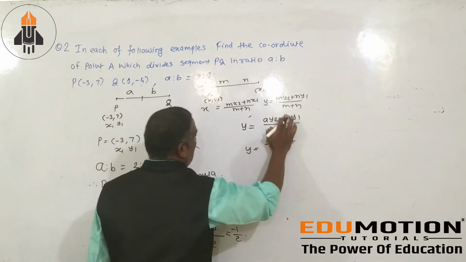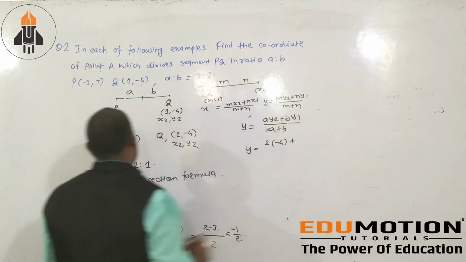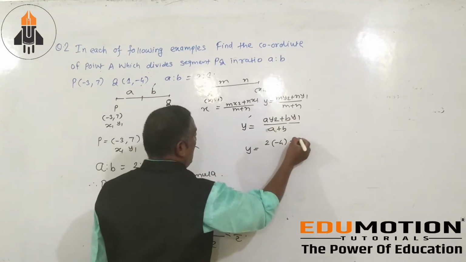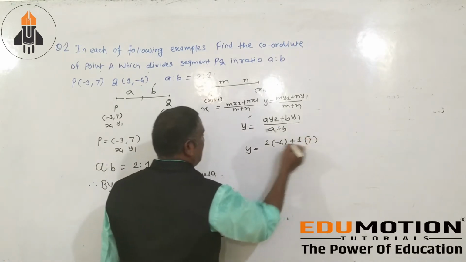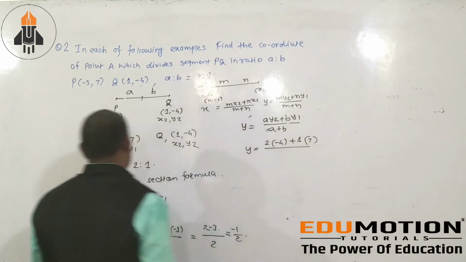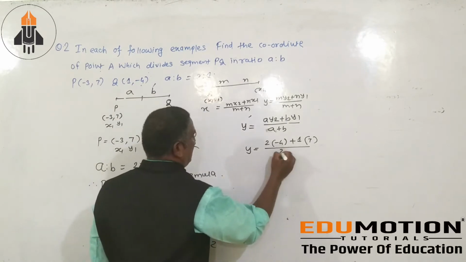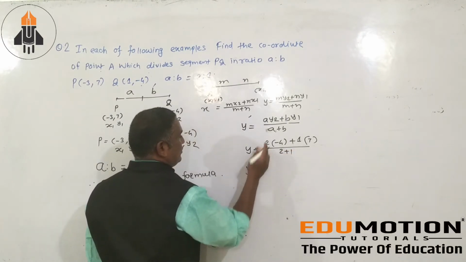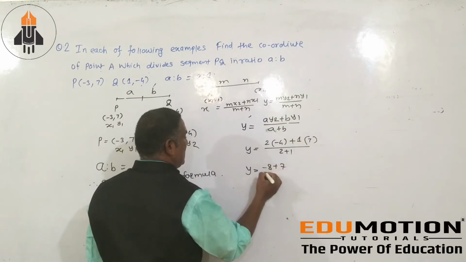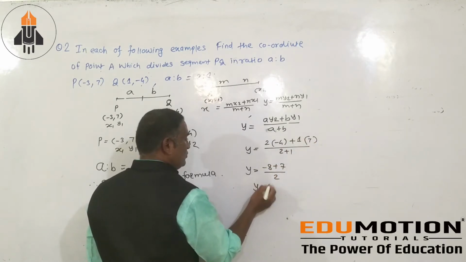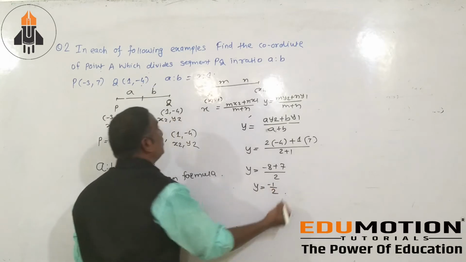Then b is 1, y1 is 7, divided by a plus b means 2 plus 1. y equals 2 into minus 4 is minus 8, then we get minus 8 plus 7, divided by 3, y equals minus 1 by 3.